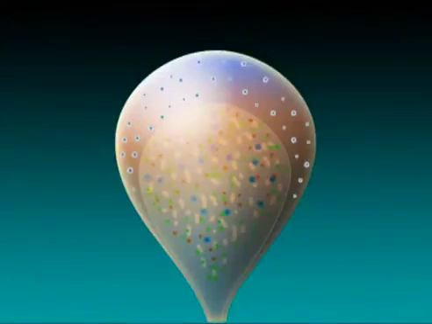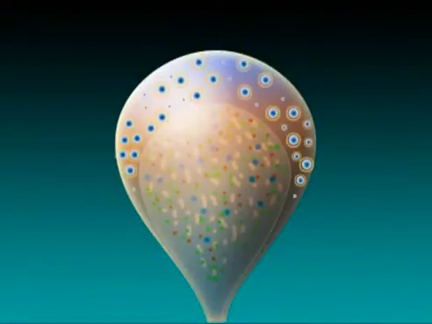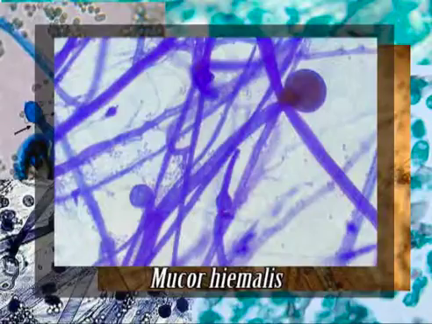A dome-shaped septum is then laid down, cutting off a distal peripheral portion from a central cylindrical or subglobose spore-free core, the columella. The contents of the distal portion become cleaved into multinucleate spores. However, spores are uninucleate in certain species such as Mucor hiemalis.